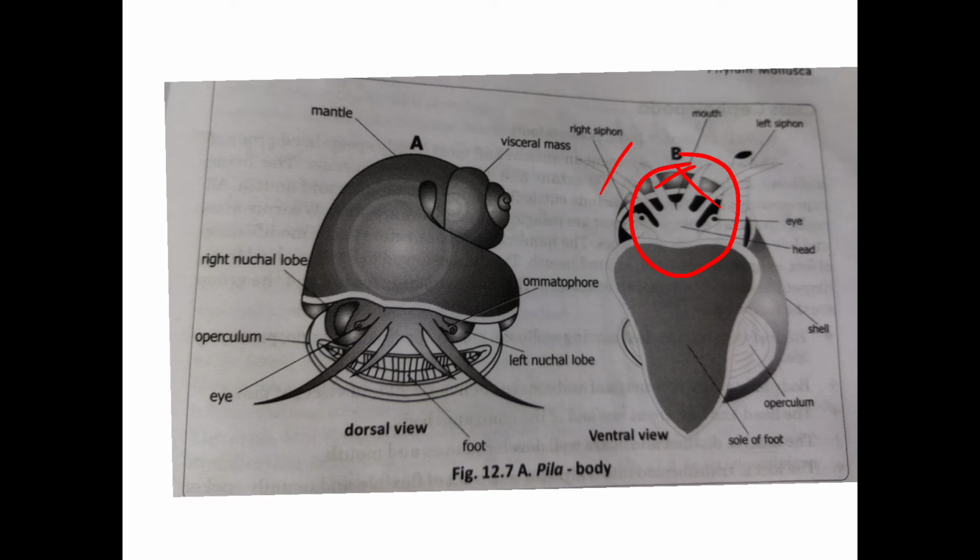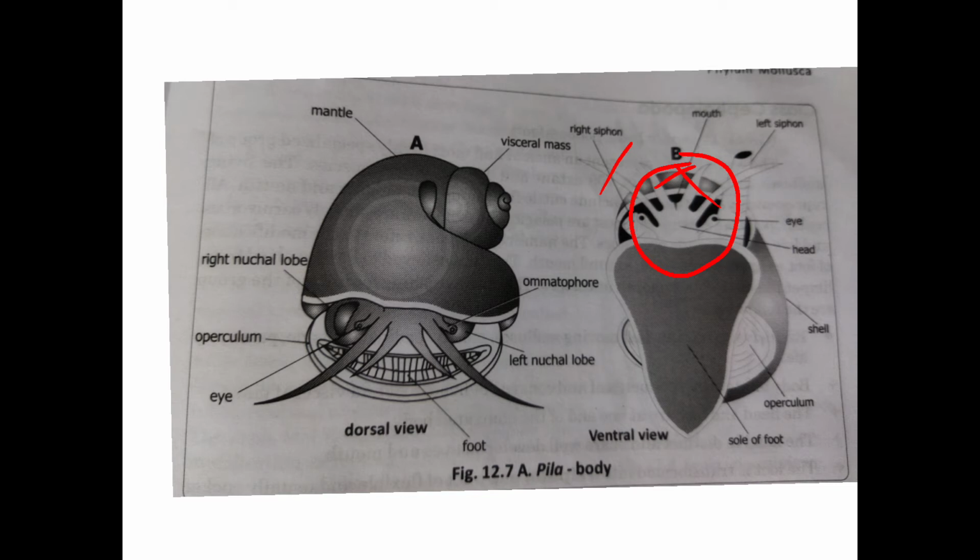The shell is spirally coiled and univalvular, as mentioned in the Gastropoda general features. They undergo a period of dormancy during extreme environmental conditions, when all life processes are dormant. That period is called estivation or summer sleep.